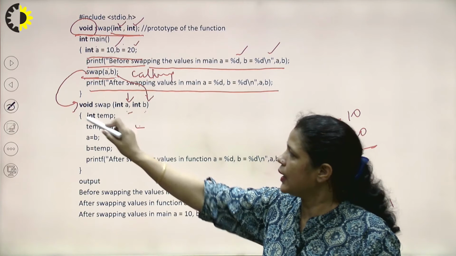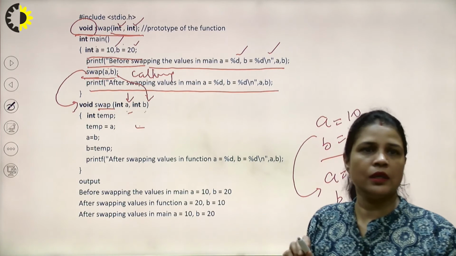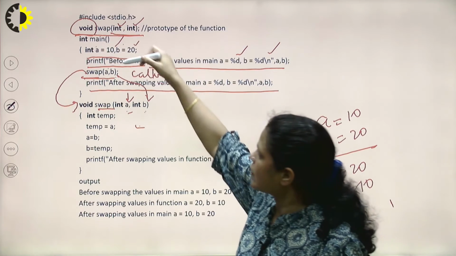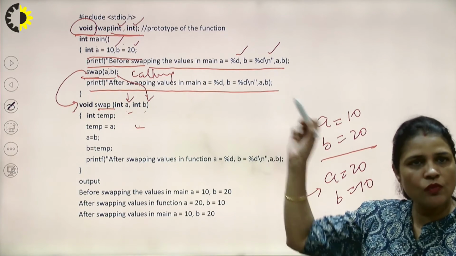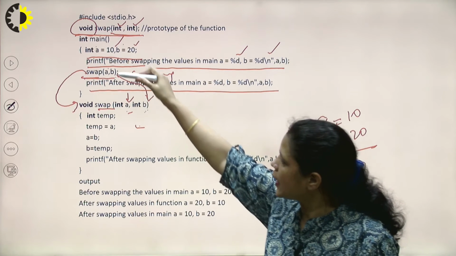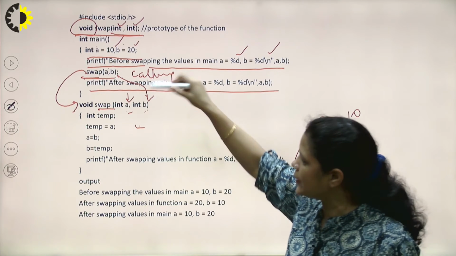So this A and B are only used by this swap function, and this A and B are for the main function. These are local to the main function. So these are the formal parameters and the values of these actual parameters are copied here.